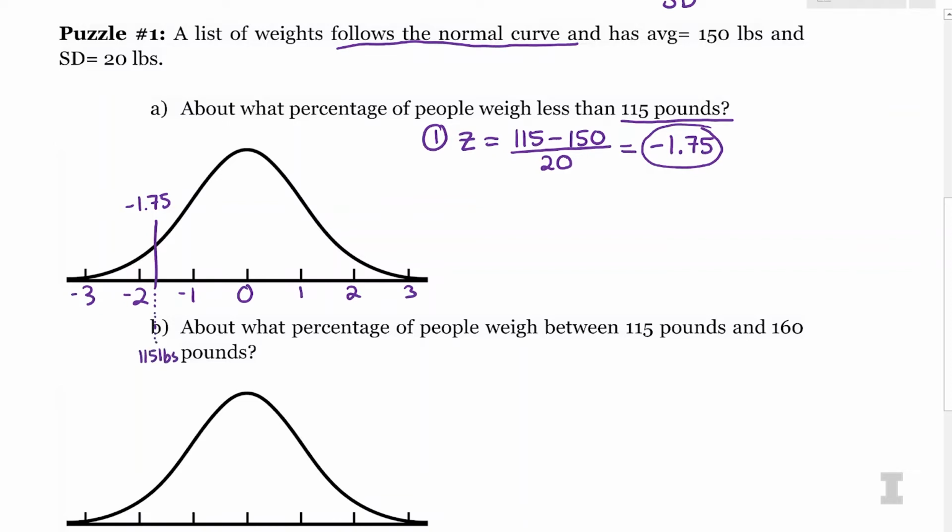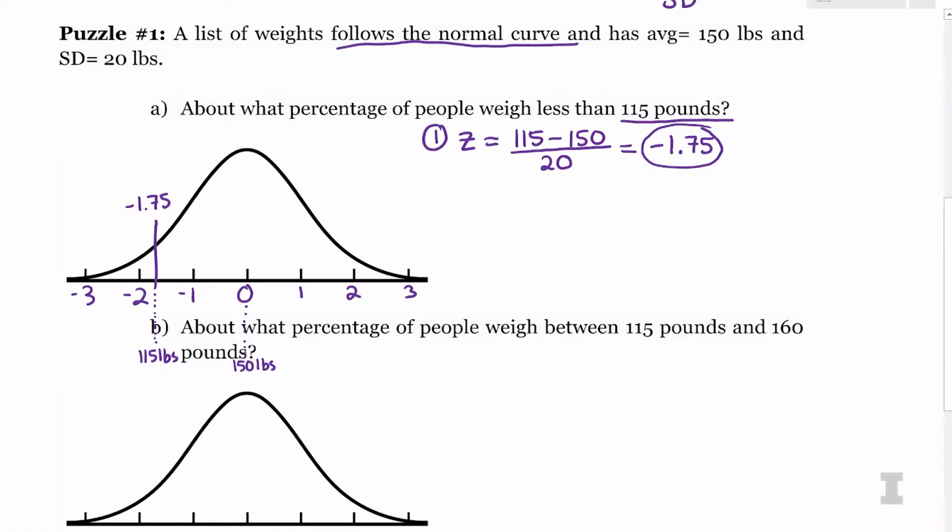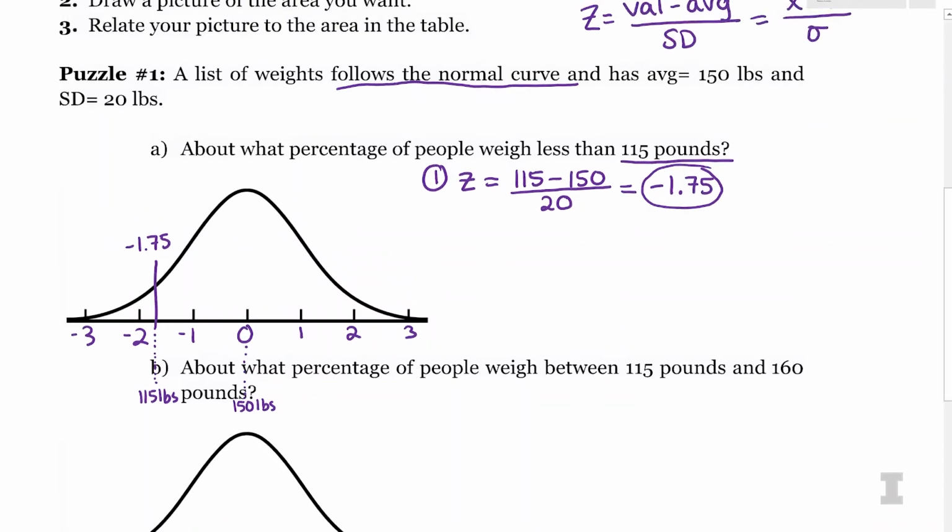And if I think about the average right at 0, this is 150 pounds. So the placement of 115 pounds makes sense. That is a negative z-score. And just to emphasize what that means, if you're 115 pounds, you are 1.75 standard deviations below the average. So I did step 1, which was to convert to z-scores.